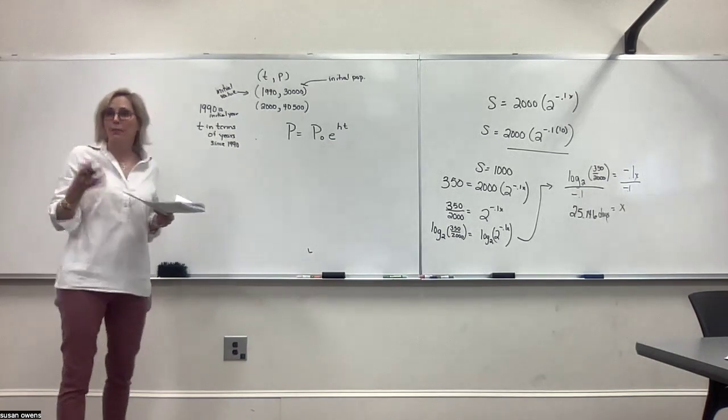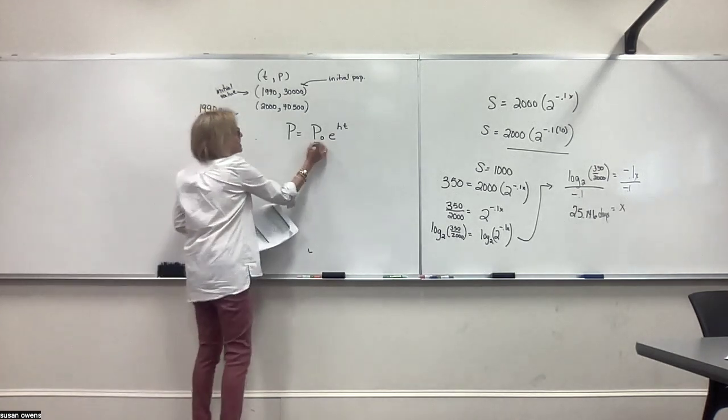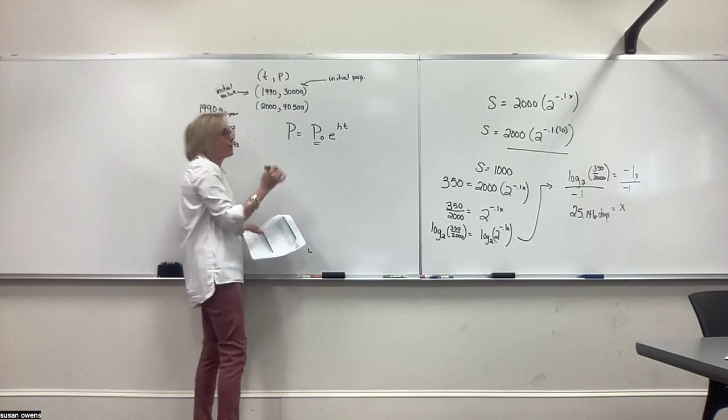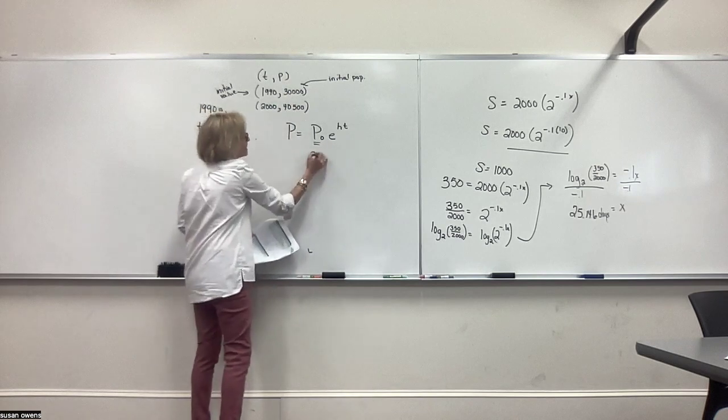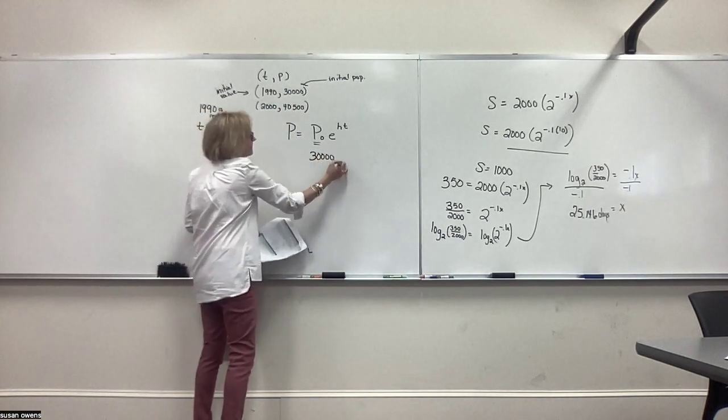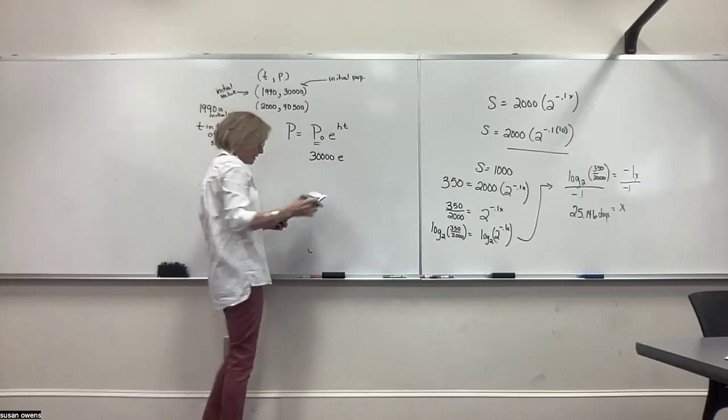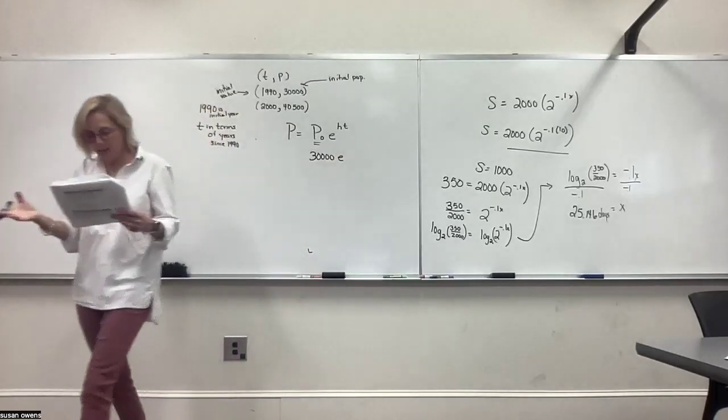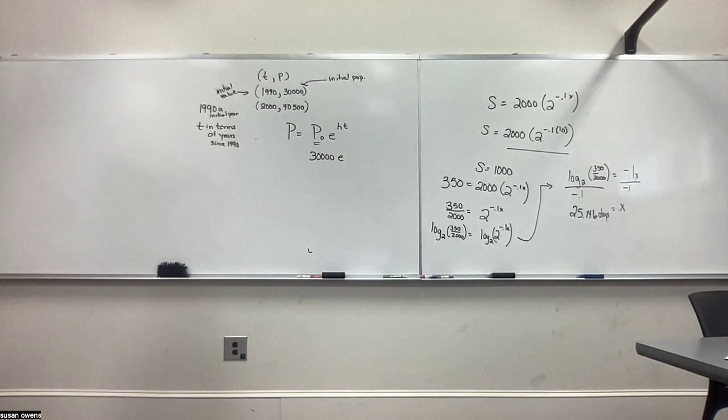P sub O, right? P naught. So right here, that's where my initial population goes. So that's going to be the 30,000. Does it even tell me anything about h? No, I don't know what that h even is. It's some kind of multiplier factor, but I don't know what it is.